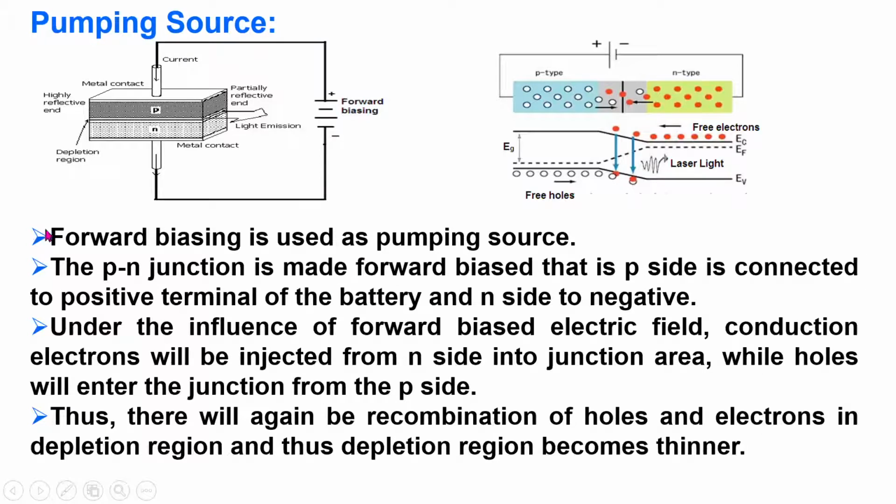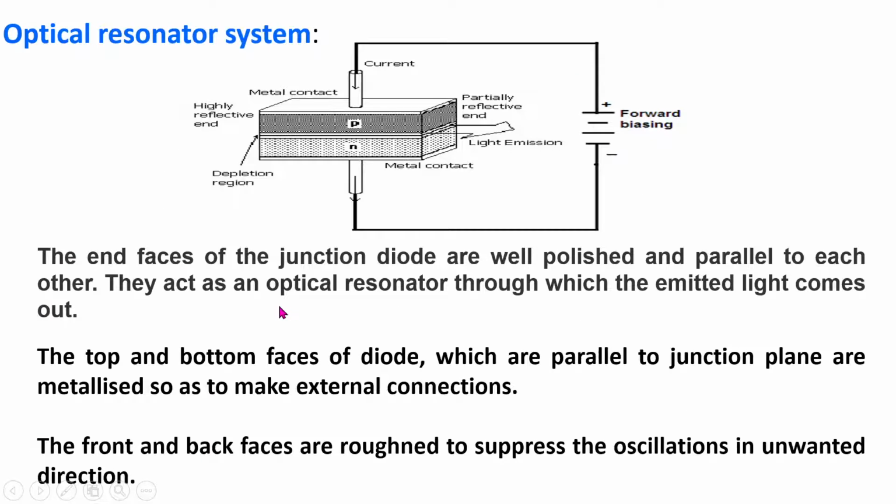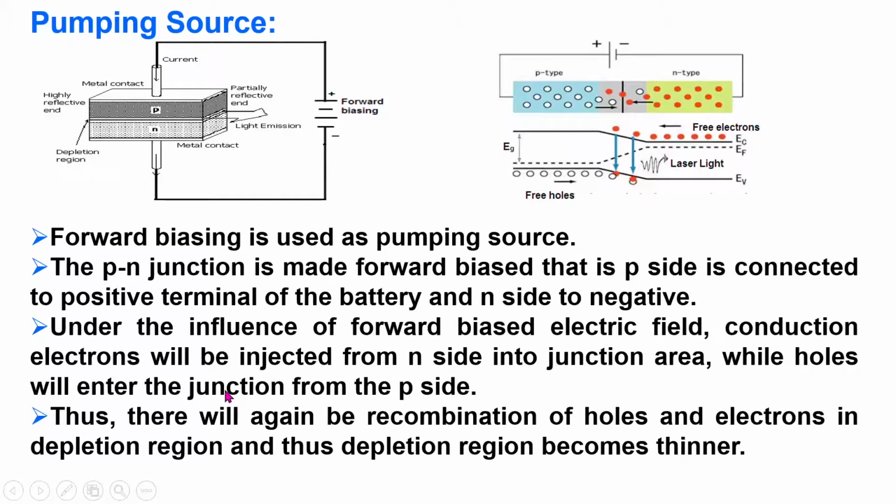Now see here, the end faces of the junction diode are well polished. That means the right face and the left face of this PN junction diode were well polished and parallel to each other. Now this is the one junction, this is the other junction. Both these junctions are parallel with each other and polished.